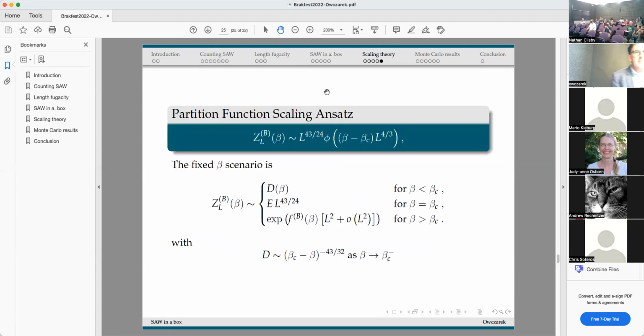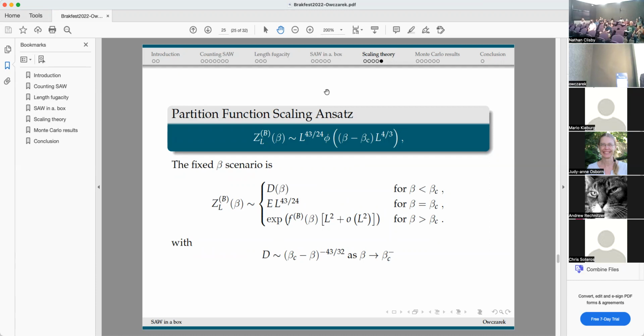So you have this partition function scaling ansatz in the same way as the density scaling ansatz, and you have this fixed beta scenario for the scaling, which this scaling function matches. Okay, and again, you know how the constants behave as you approach the critical point.